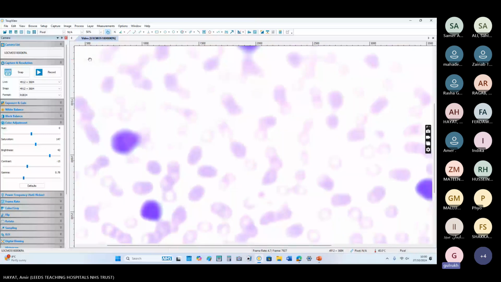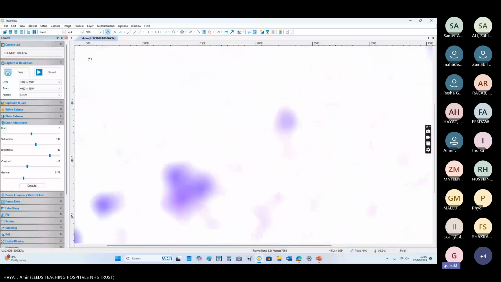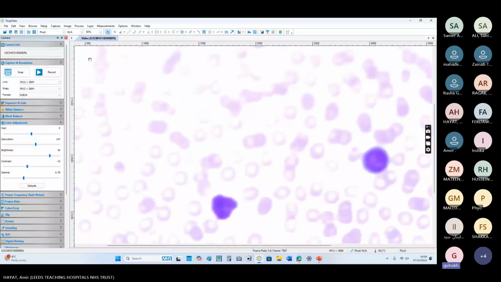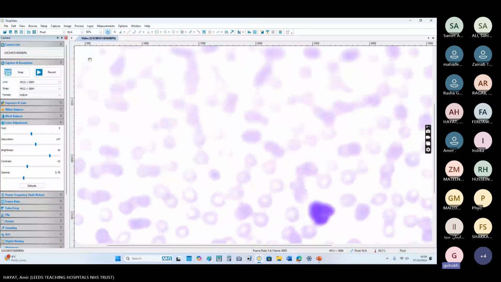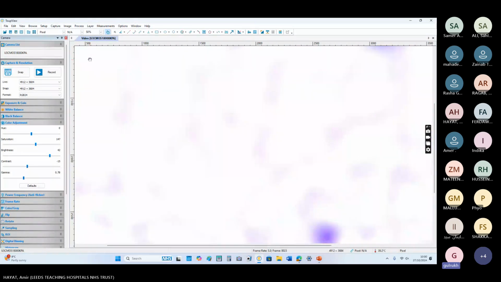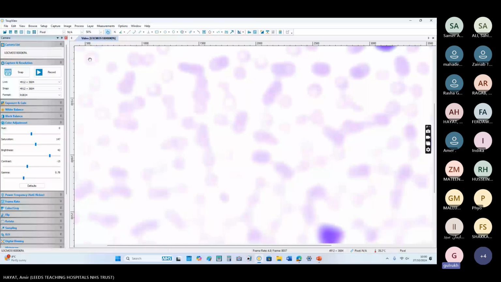There are increased numbers of atypical lymphocytes with condensed nuclear chromatin, but some of them are showing clefts, or you would say twisting of the nucleus. Looks like prolymphs, and I would go with a prolymphocytic leukemia.